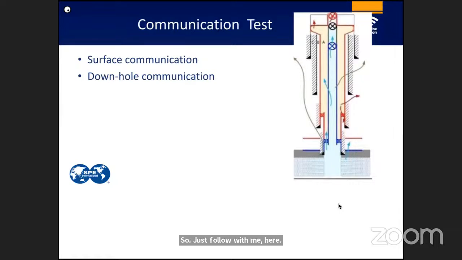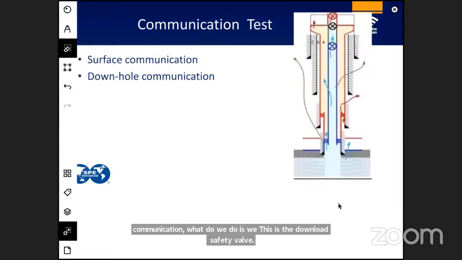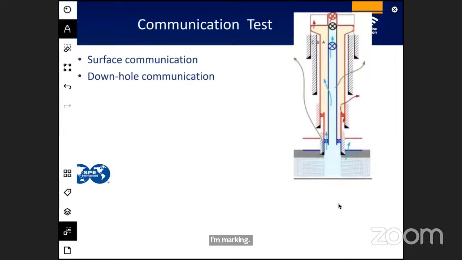For a surface communication test, this is the downhole safety valve. I'm marking it. What we do is close this downhole safety valve and bleed the pressure from the top, from the tubing pressure, and we monitor the A annulus.